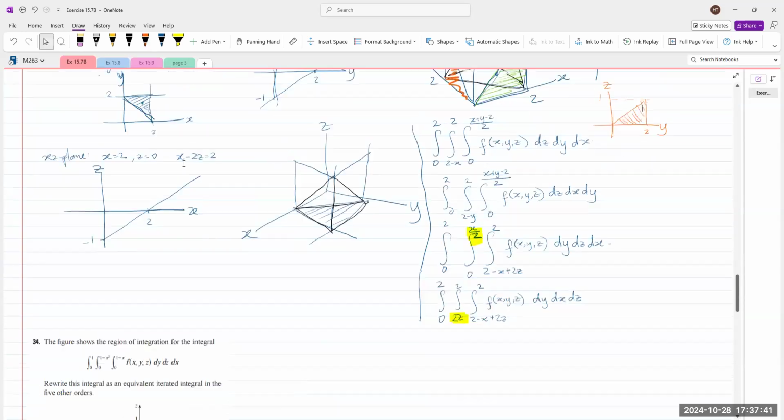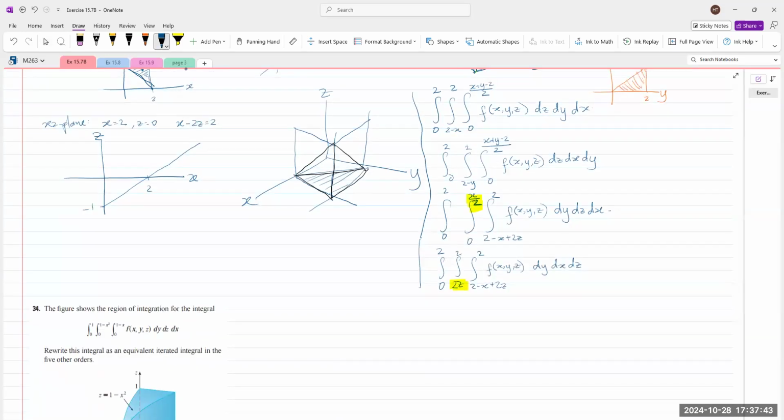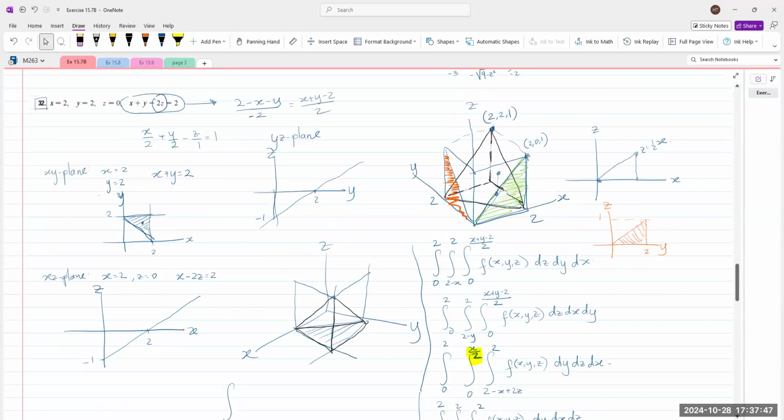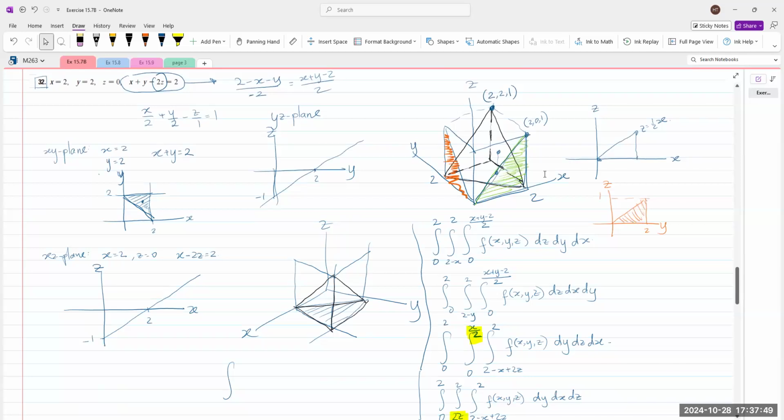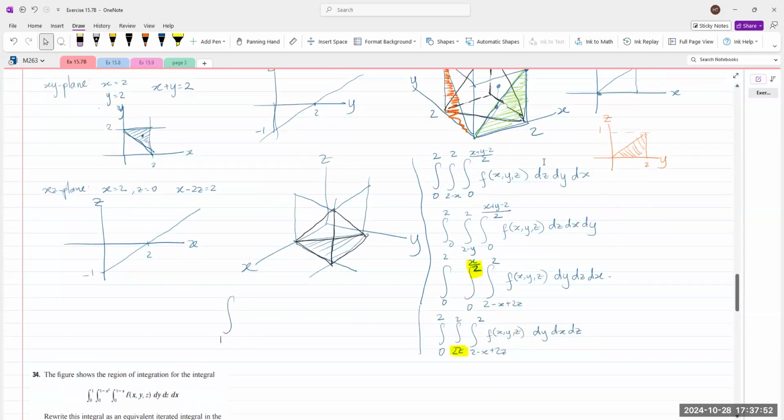Okay, so let me write it here. Let me move this guy here so that it's easier for us to see. So that's the integral of f(x,y,z) dx dz dy.